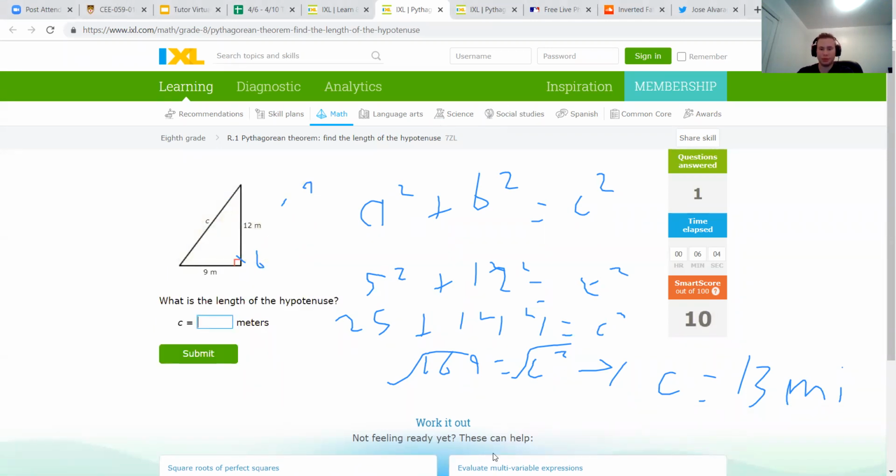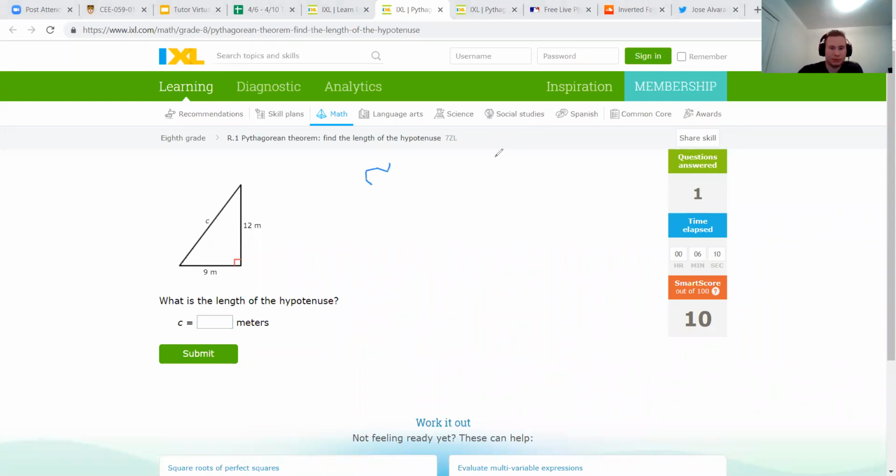All right, let's do this example. I always like to write down the formula just to know that we have it here, so you can directly plug it in.